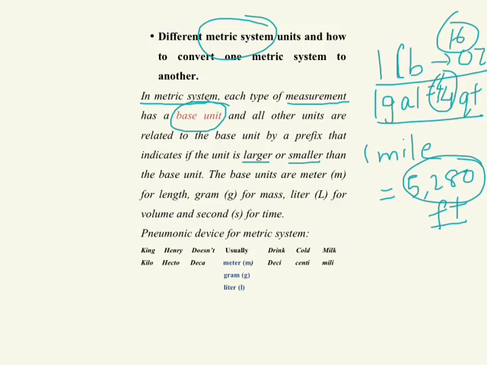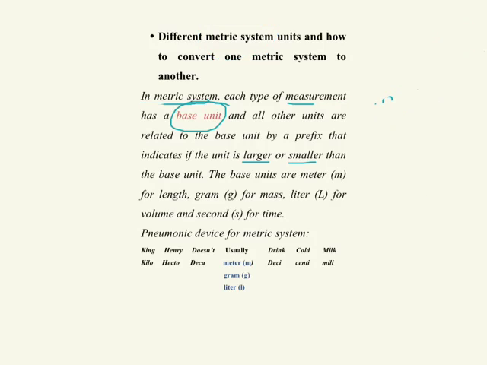King Henry does not usually drink cold milk. You're not gonna believe that I learned that from my daughter who's in elementary school. K stands for kilo, H for hecto, D is deca.